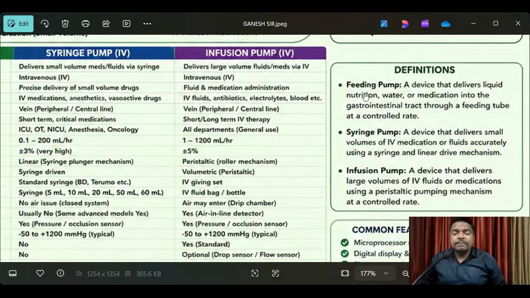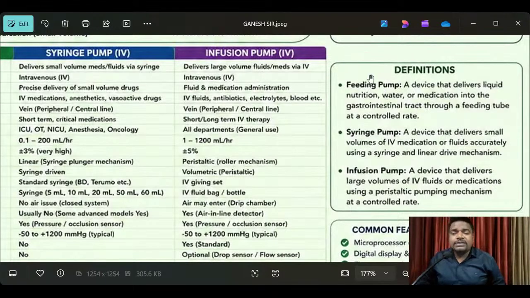Simply, the feeding pump is for nutrition, whenever the patient is not able to take food individually. In ICU, patients are mostly connected to ventilators, they cannot breathe individually, and with the support of the ventilator and respiratory equipment they are living.